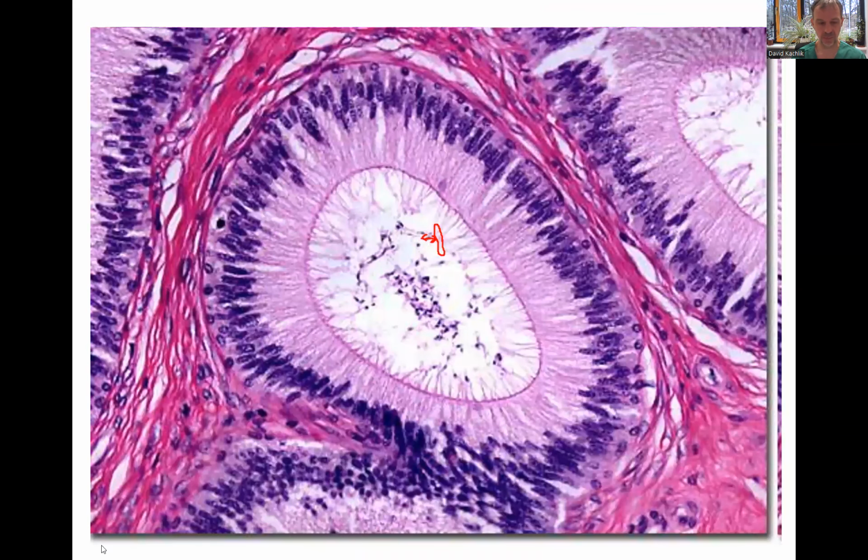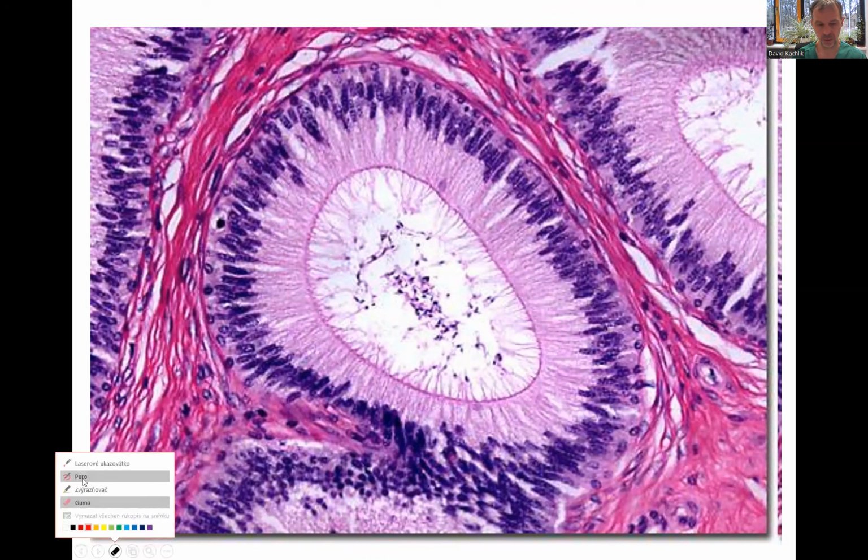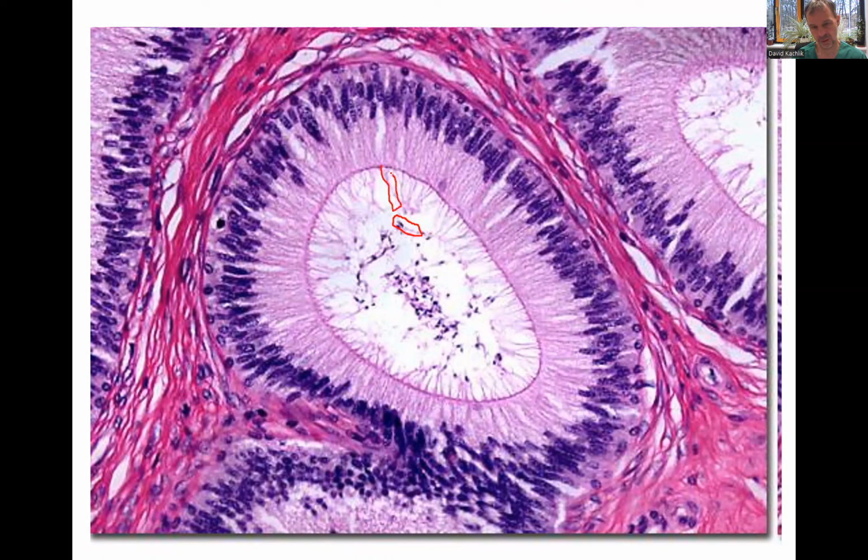Coming closer, very, very beautiful view of the lumen containing sperms. So you can see the sperms here. Very high stereocilia, very high columnar cells.